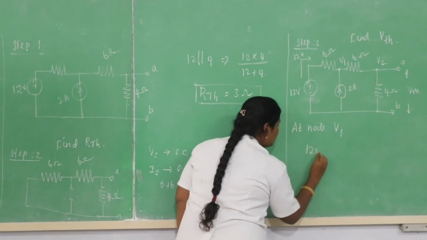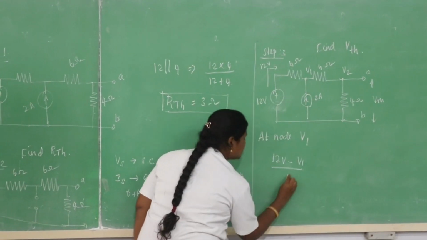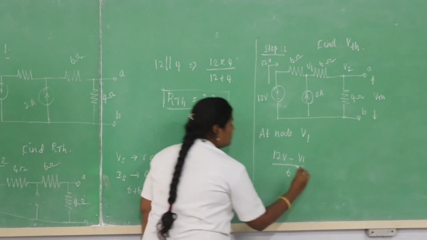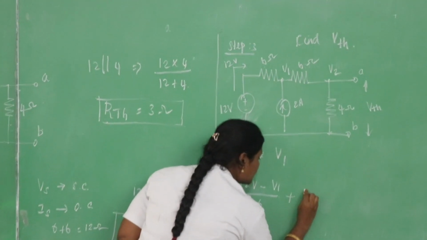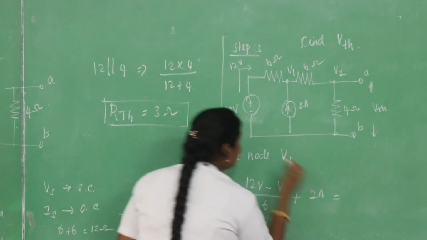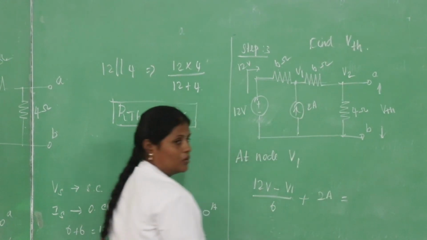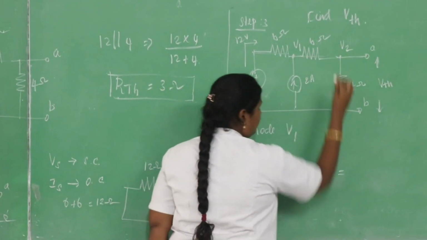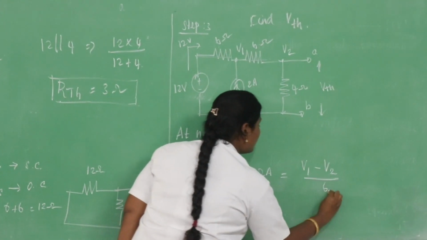So, 12 volt minus V1 divided by resistance 6, plus the next incoming current, which is 2 amps, is equal to the outgoing current, which is V1 minus V2 divided by 6.